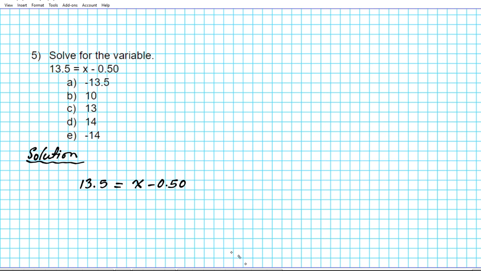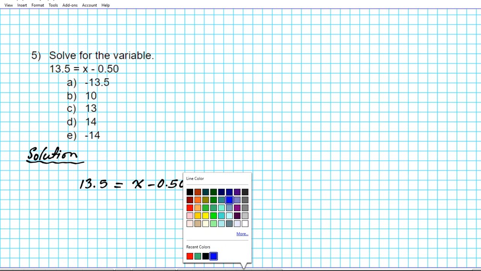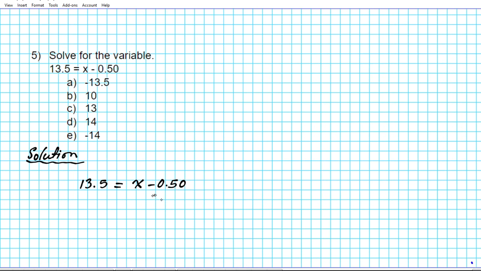This can be accomplished in one step, and the step will be to simply add 0.5 to both sides of the equation. Okay? When you're adding decimals, you want to make sure that you line up the decimal points so you do not make mistakes in your number place addition or subtraction computation.